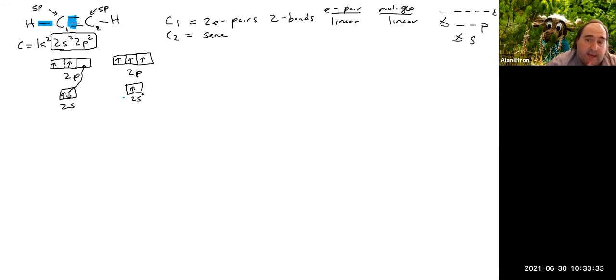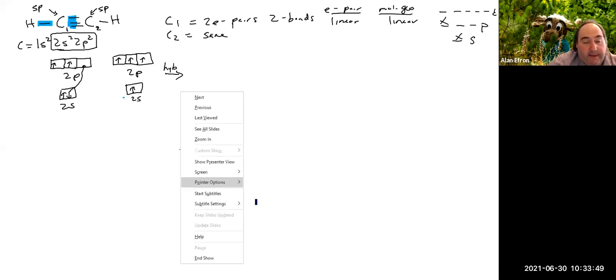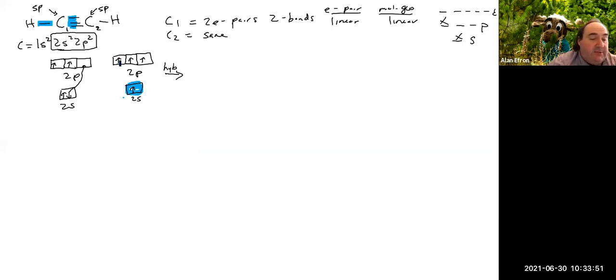But different than last time is we would expect this guy to hybridize based on the electron pairs, not as sp2, but it's going to hybridize as only sp. And what does that mean? It means what we talked about. We're basically going to take an s and just one of these p orbitals. And because we hybridize 2 atomic orbitals in this case, we would expect to end up with 2 sp orbitals that each have an electron.